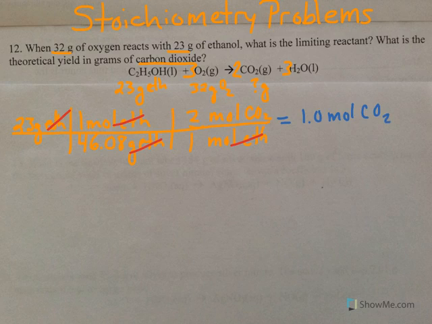And now we're going to repeat this process. That's 1, but now we have another reactant, and that's oxygen. So we have 32 grams of oxygen that's given. And the mass of 1 mole of oxygen, remember oxygen is diatomic, so it's not 16, it's actually 32 grams of oxygen. All right, and then that will cancel out these units here. And then we want to go to moles of CO2.